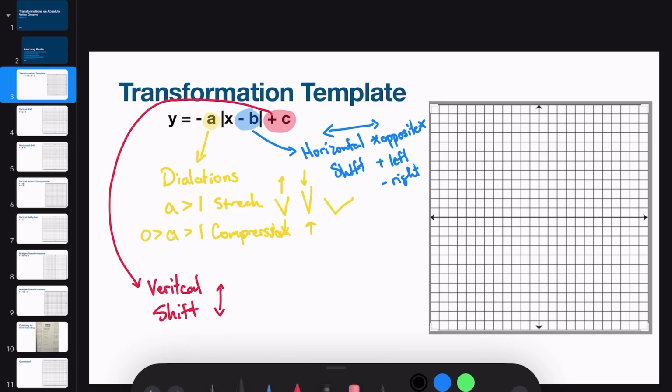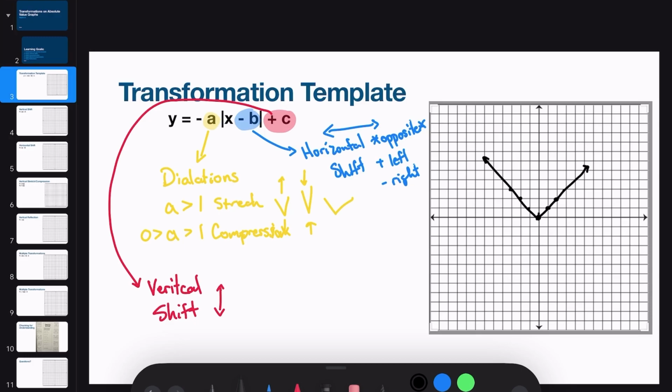We should know already that our parent graph for the absolute value function is this graph that I am putting on here right now, where it starts at the origin, and both sides of this graph have a slope of 1 on the right side and negative 1 on the left side.